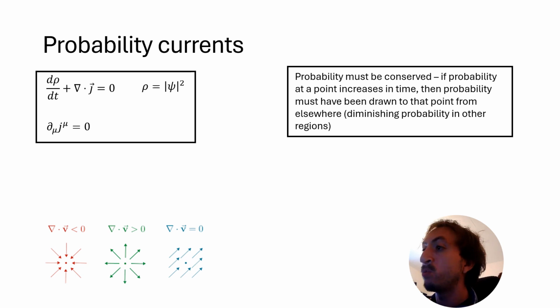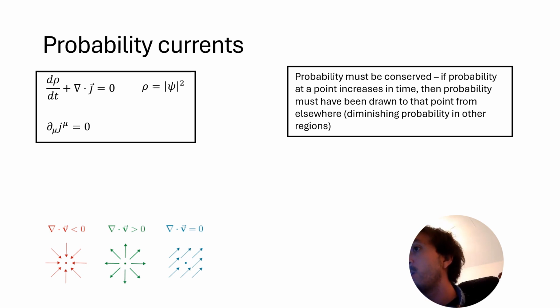And we can actually combine the three-dimensional probability current and rho, the probability density, into a single 4-vector, an object with 4 components called J, where it has components J mu.